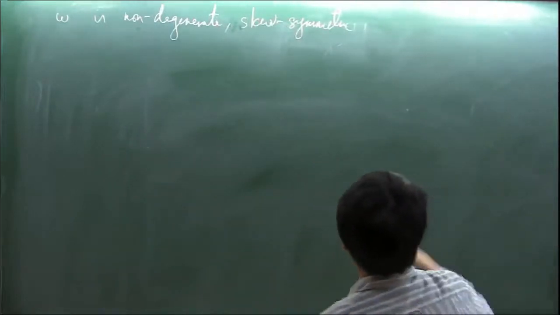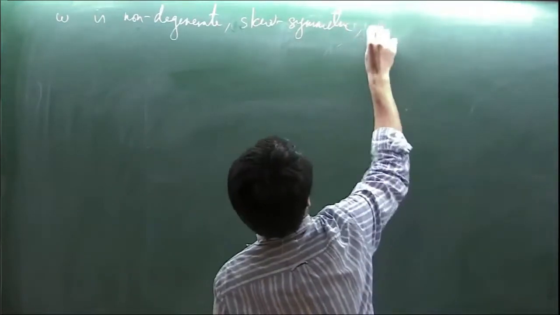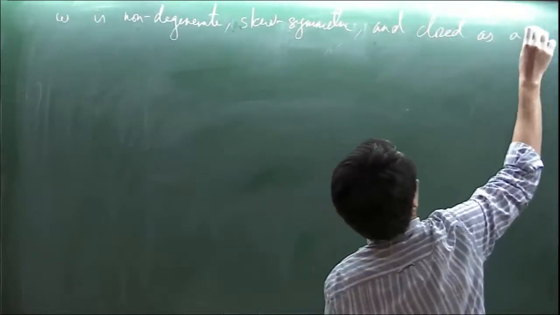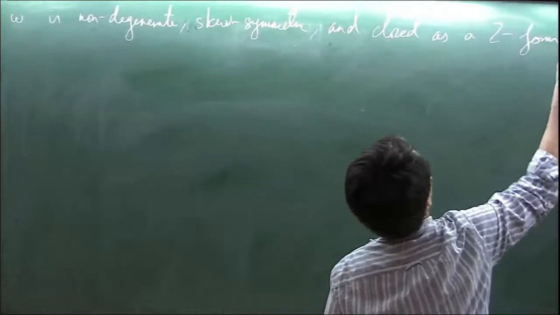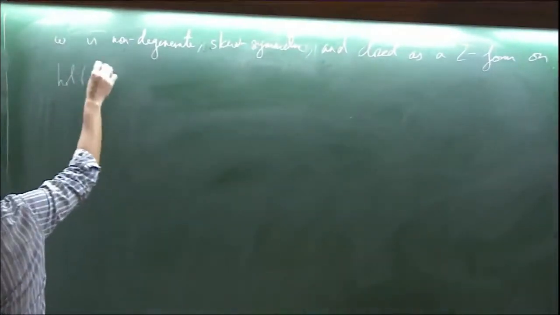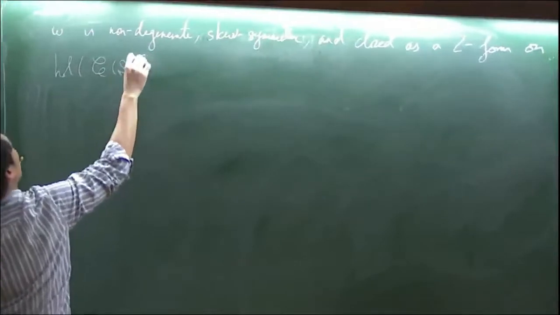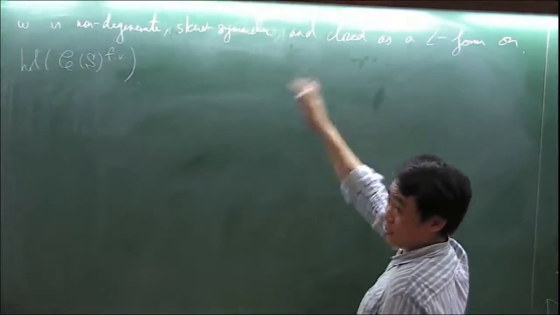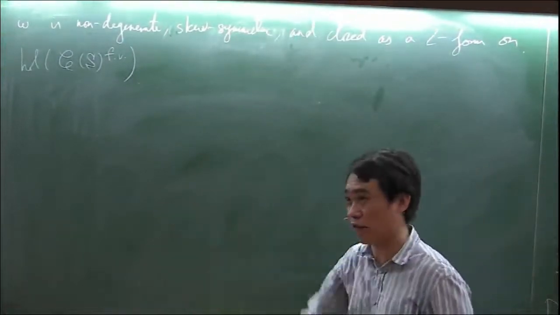And I guess the main point is that this guy is closed as a 2-form on the image of this guy. This part is the only non-trivial thing in this. Everything else just follows from the definition.